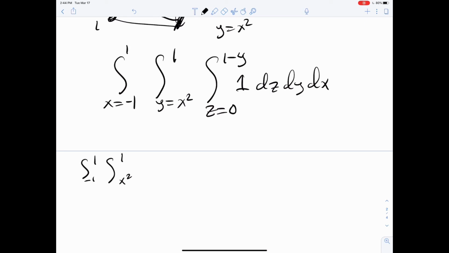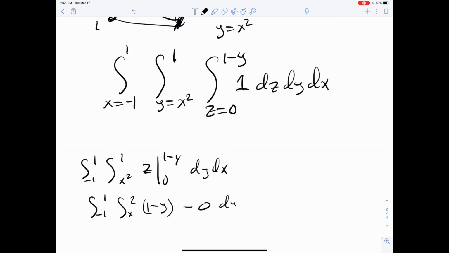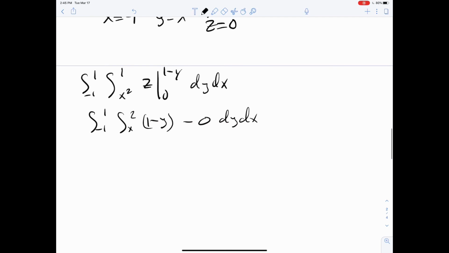So we integrate 1, we get z. Evaluate z from 0 to 1 minus y. That gives us 1 minus y minus 0, of course, dy dx. Then we integrate the y's, and we'll get y minus y squared over 2, evaluated from this.